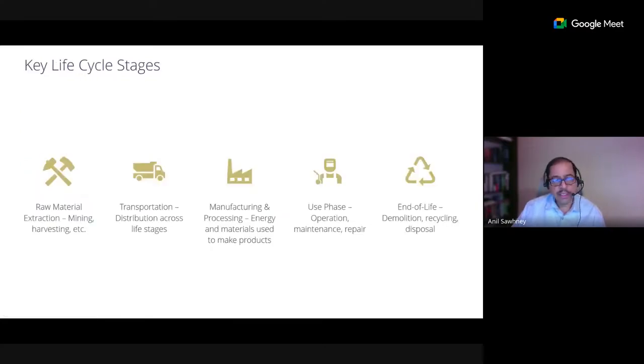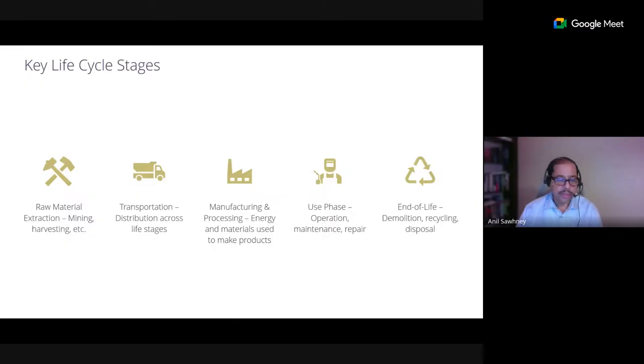The key life cycle stages in a study that we will undertake will basically be raw material extraction, maybe from a mine or any other source, including harvesting, and then the transportation of that raw material to a manufacturing facility, and any emissions that take place. Let's say you have a huge stone aggregate quarry with heavy machinery and heavy transportation equipment; all the emissions coming from that equipment will be calculated. Then the manufacturing process itself.